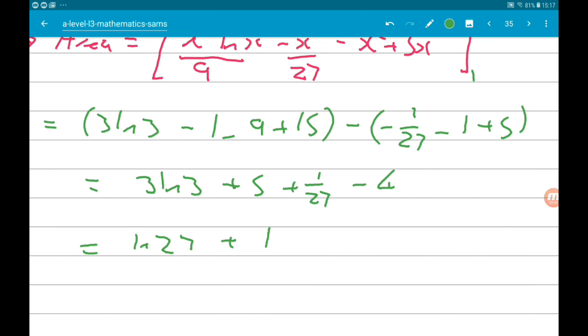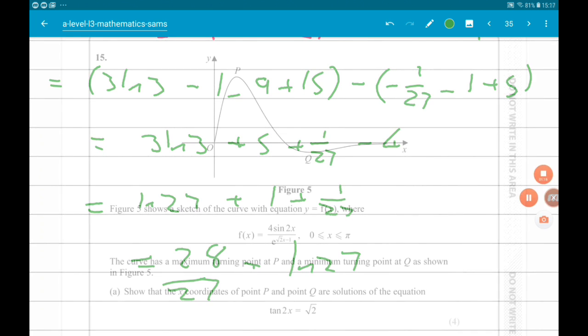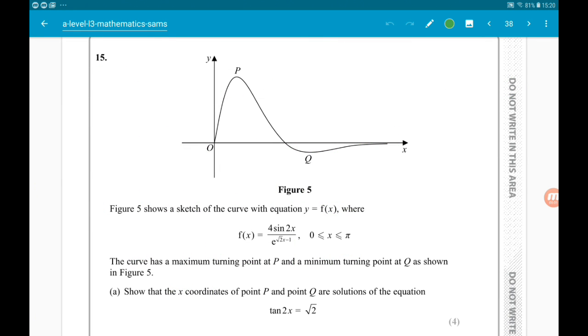So we have add 1/27. So altogether we have 28/27 add log 27. Good times. By 15 we're at the end, and I would say that we've had worse than this question.